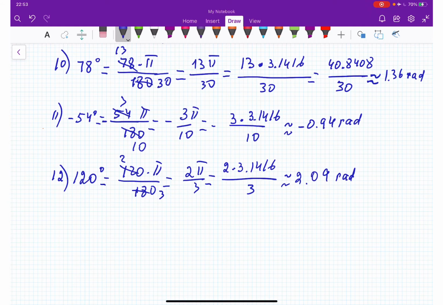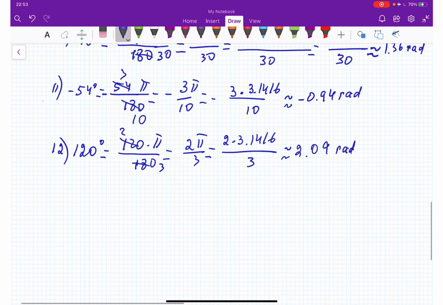Okay, next let's draw this angle and show the standard position of the angle on the circle, in the format of degrees and radians. All right, so 60 degrees. We need to draw 60 degrees.